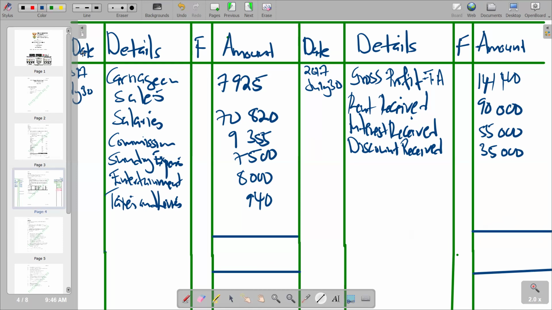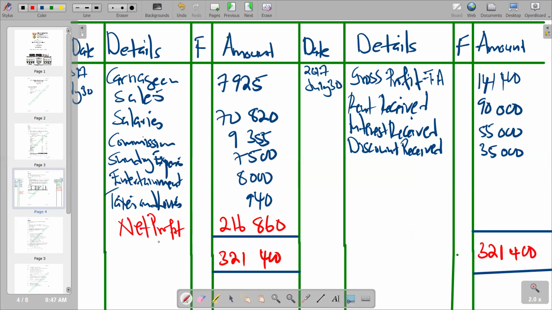Right. Having done that, you see that if you add the total of the debit and the credit, the credit is the greater total, with a total of 321,400. And then if you subtract the total of the debit from the 321,400, we are going to get a difference of 216,860.